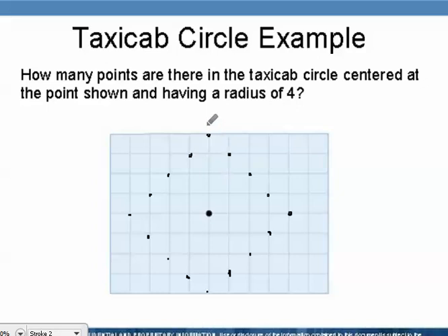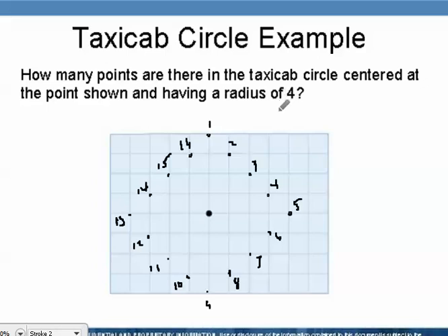So let's count them: 1, 2, 3, 4, 5, 6, 7, 8, 9, 10, 11, 12, 13, 14, 15, 16. 16 points would have the radius of 4 in a taxicab world.